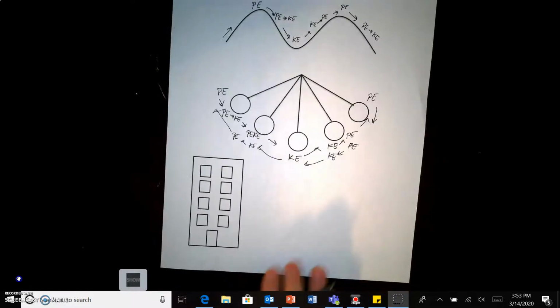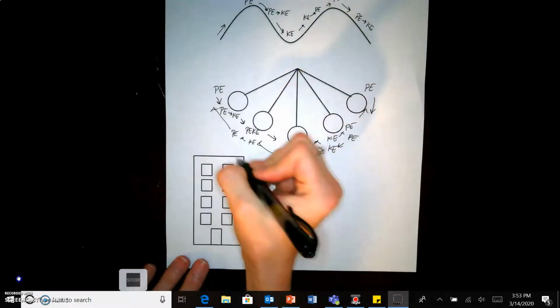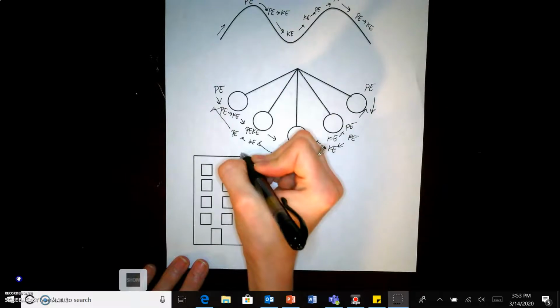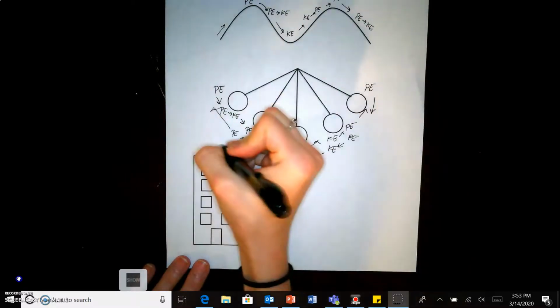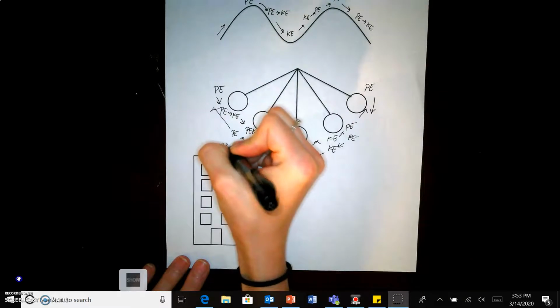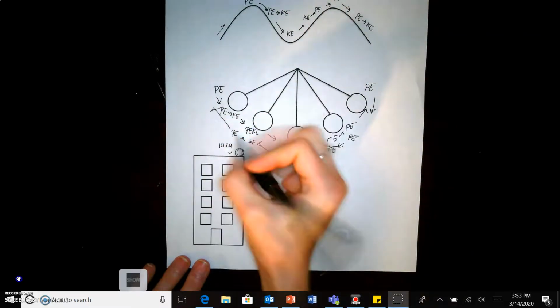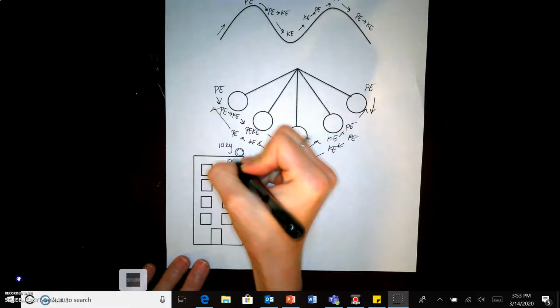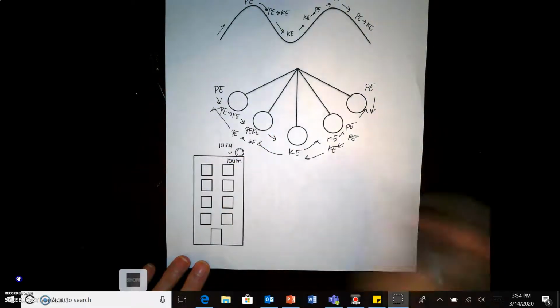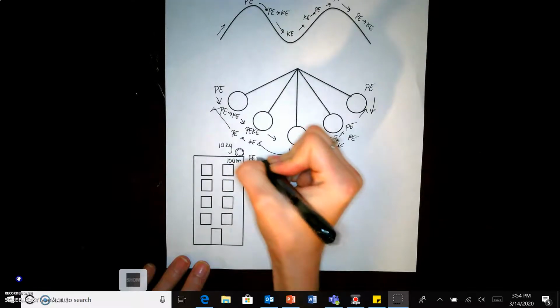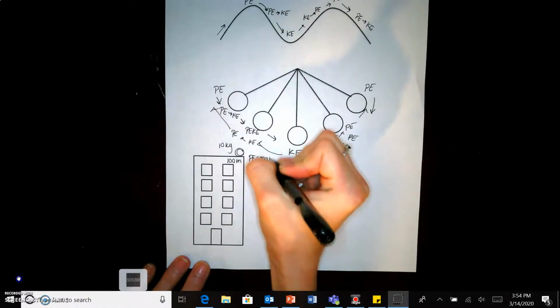And then our last picture that we're going to look at is, let's say that we have a ball at the top of this building. And let's give the ball a mass of 10 kilograms. And let's give the building a height of 100 meters. So we can solve the ball's potential energy. Potential energy again is mass times gravity times height.